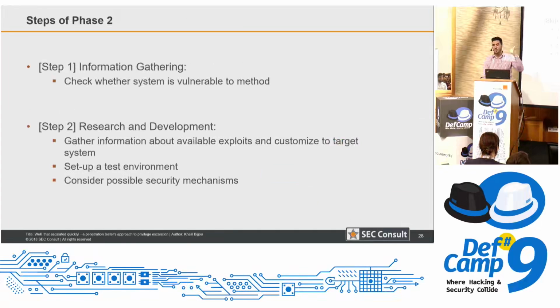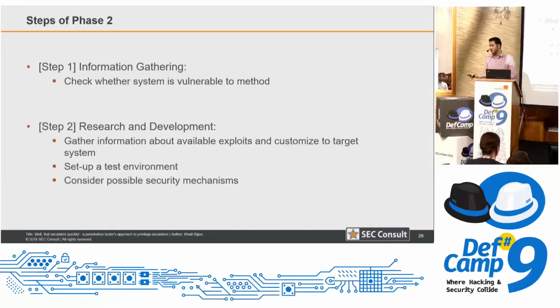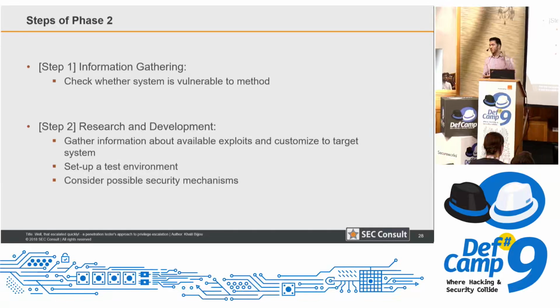In step 1, we have again a small information gathering step. What we want to achieve here is to find out, is the system vulnerable against the technique that I want to use? For instance, if we want to check for unquoted service paths, then we will check every service for an unquoted service path. If the system is vulnerable, we will go to step 2.